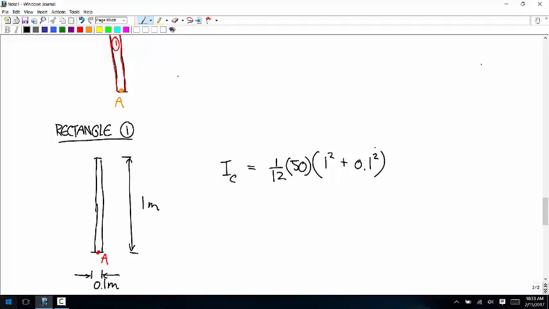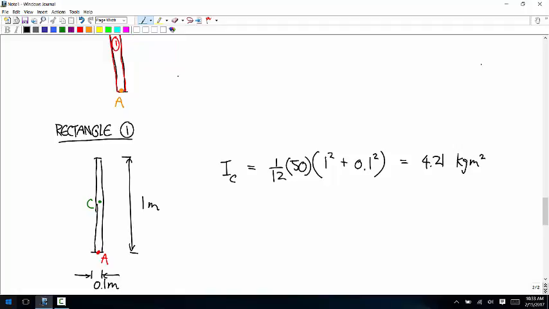And it looks like I calculated that wrong before. Can someone calculate that for me? So here we're calculating it about this point C. That's not going to be our final answer for this rectangle. It comes to 4.21 kilogram meters squared.